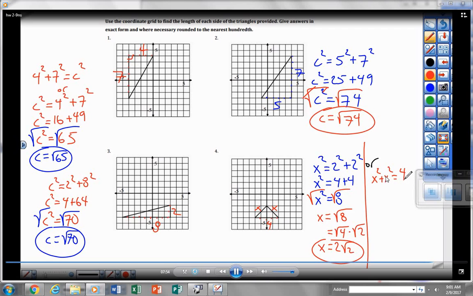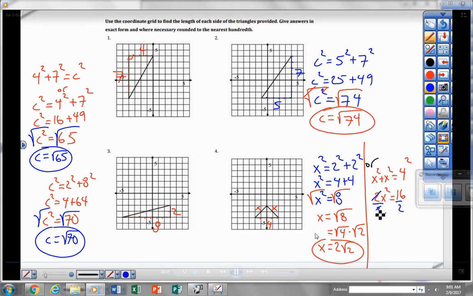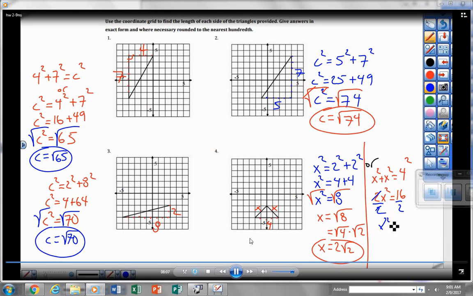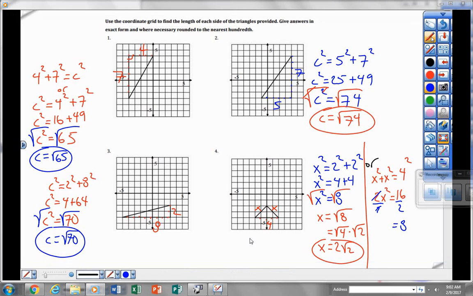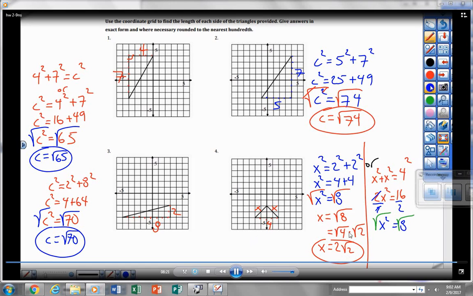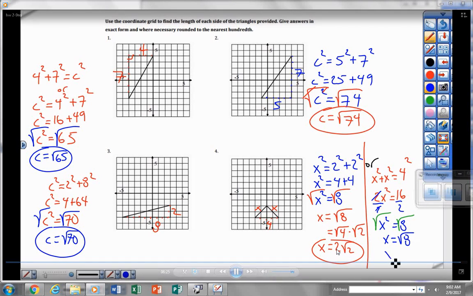These combine to give me 2 x squareds equals 4 squared. Before I square root, the opposite of timesing by 2 is dividing by 2, and that gives me x squared equals 8. And then again, when I simplify the square root of 8, I will get the same answer. I will get root 4 times root 2, which simplifies into 2 root 2. Remember, when you square root that 4, that square root symbol goes away forever.